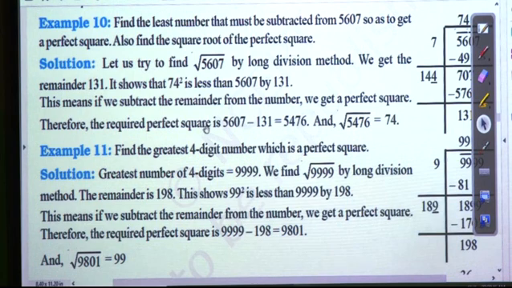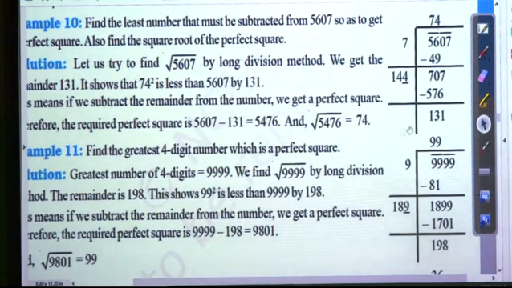Therefore, the required perfect square is 5607 minus 131. This remainder 131 we are minusing. So, it becomes what? 5476 and square root of 5476 is 74.